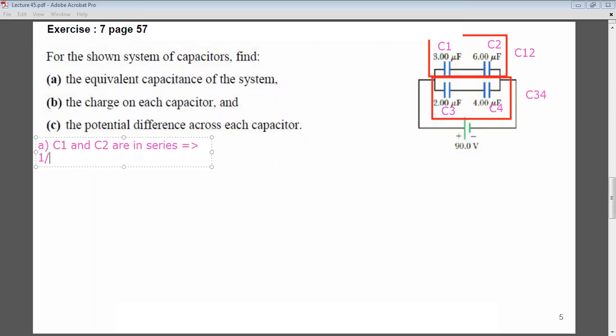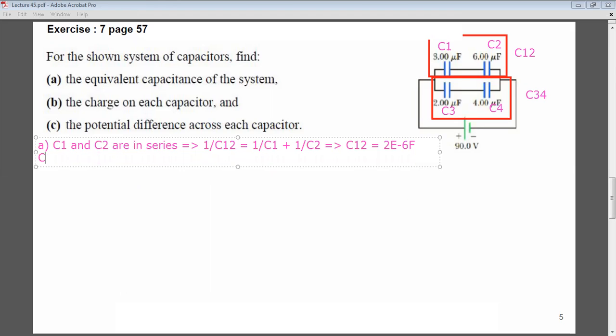One over C12 equals 1 over C1 plus 1 over C2. From here we get C12 is equal to 2 e to the minus 5. Let us use our calculators.